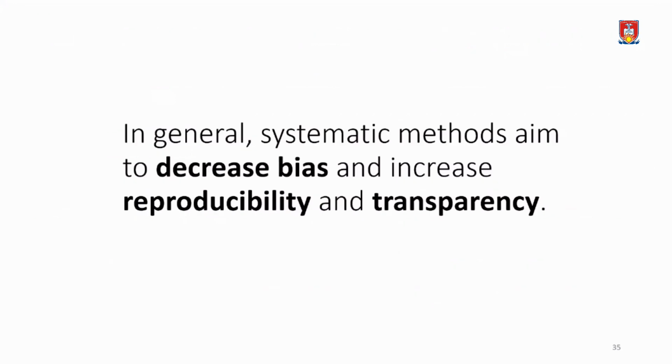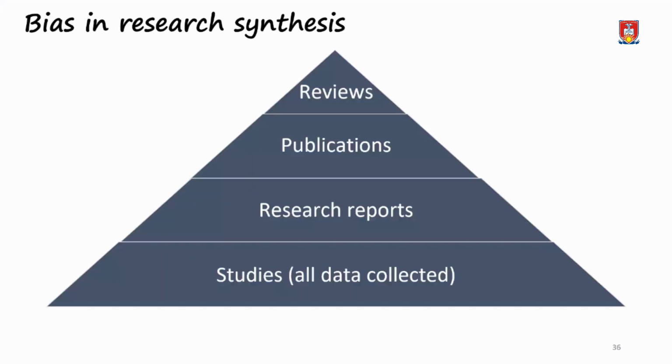So, in general, systematic review is trying to decrease bias, that is, bias that will have been introduced in different types of reviews, and also to increase reproducibility and transparency in our research. And how does this happen? Let's talk about bias in research synthesis.